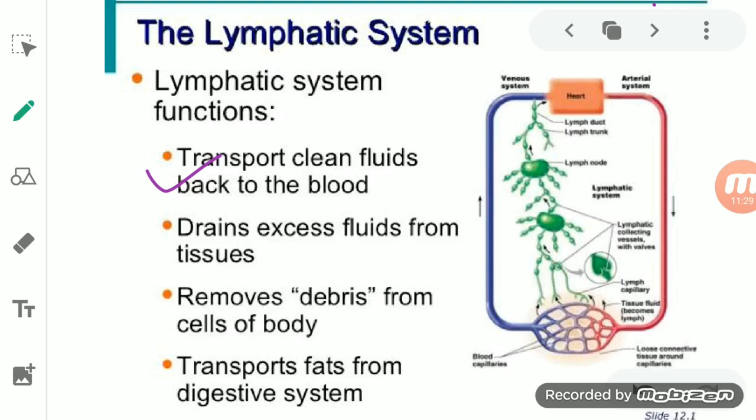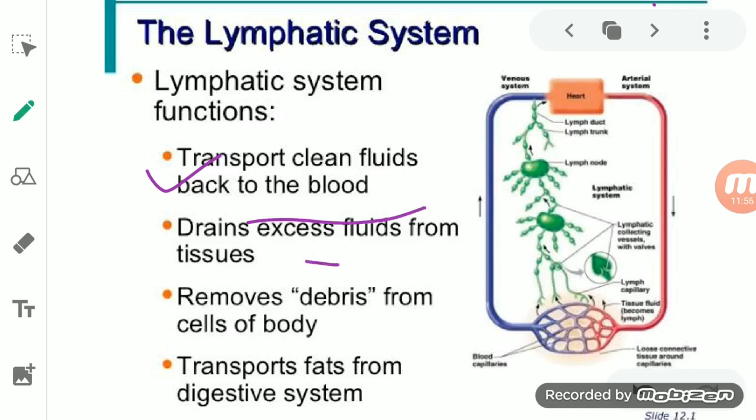While moving from the arteries to the veins, some of the nutrients may get filtered out from the capillaries. So lymph transports the nutrients back into the heart to recirculate in the body. So it helps in transporting the clean fluids back to the blood.